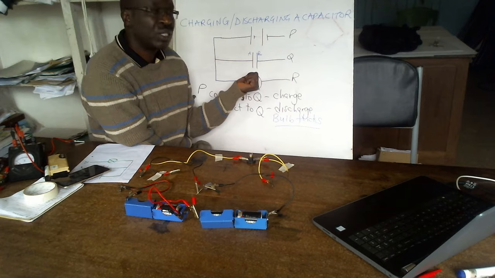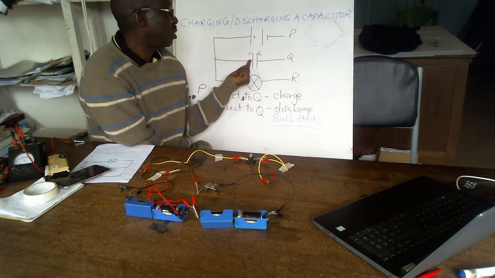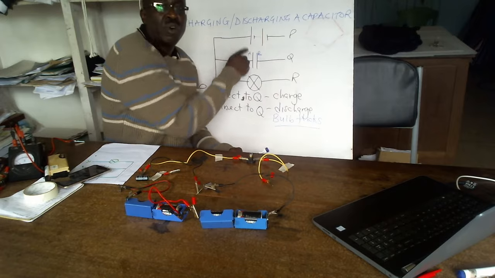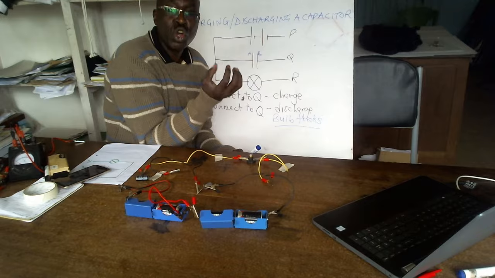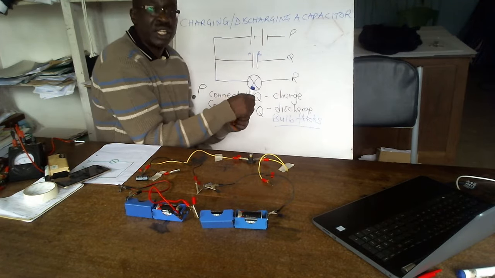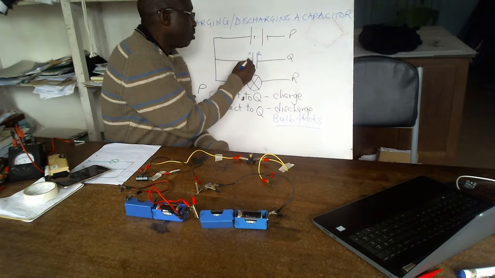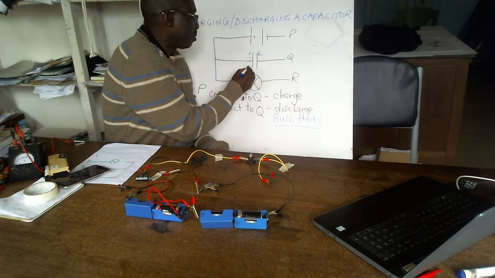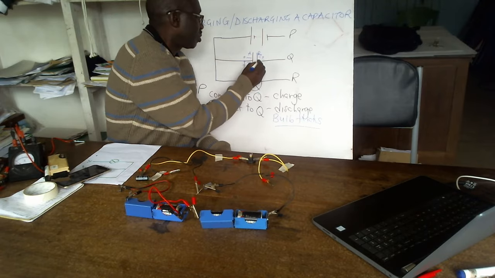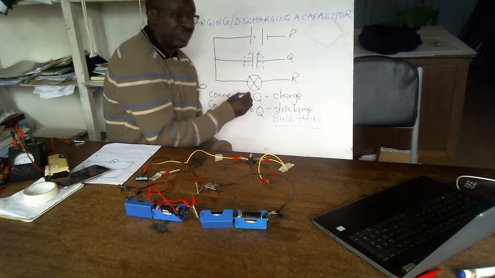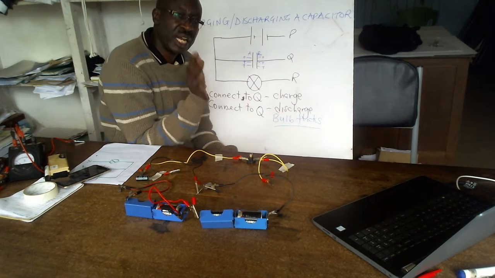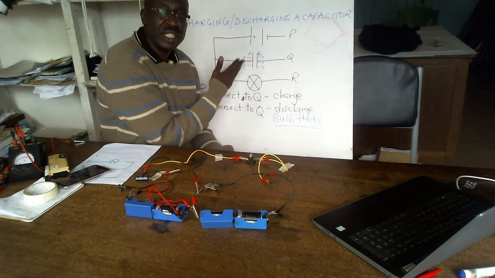Okay, so on A, the positive potential of the source will draw the negative charges. Okay, they will be drawn. So if I may explain like that, if it is electrically neutral, each plate has the same number.